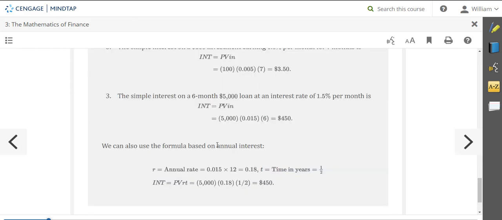We could use the annual interest rate. In that case, we'd have to write R is 12 times the monthly rate, which is 0.18 or 18%, which is very, very high. T is 6 months, which is half a year. We could put that in and we get the same result here.